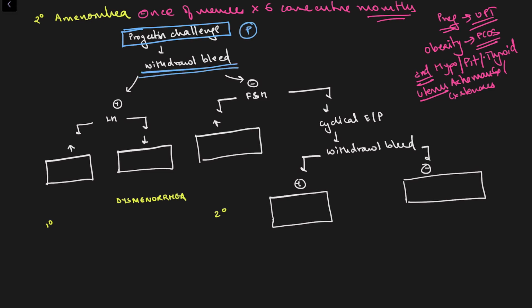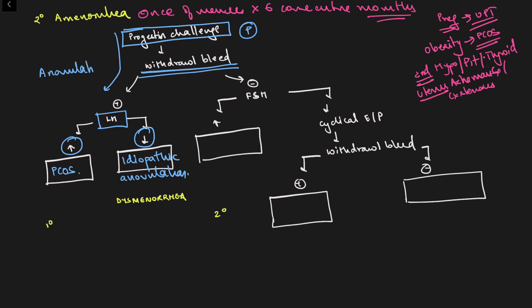If withdrawal bleed is present, then we'll see LH. If LH is increased, then this is PCOS, right? If LH is decreased, then this is idiopathic anovulation. So, if after progesterone withdrawal bleed is present, this is anovulation.